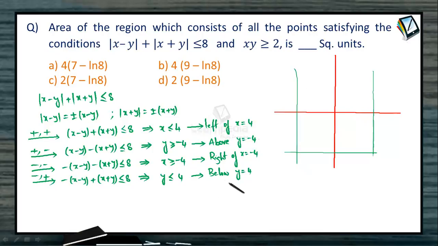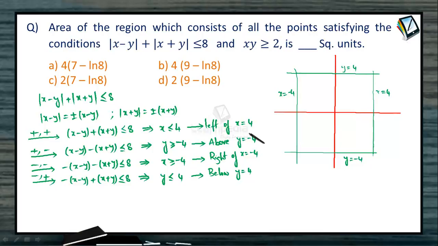The last line, y = 4, is a line parallel to the x-axis above the x-axis. Now what is the region? This is the line x = 4, this is the line x = −4, this is the line y = 4, and this is the line y = −4.